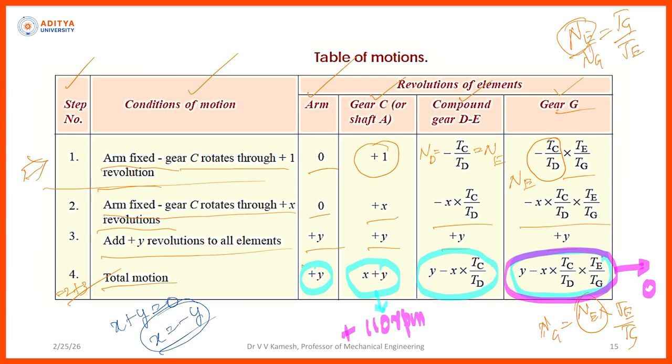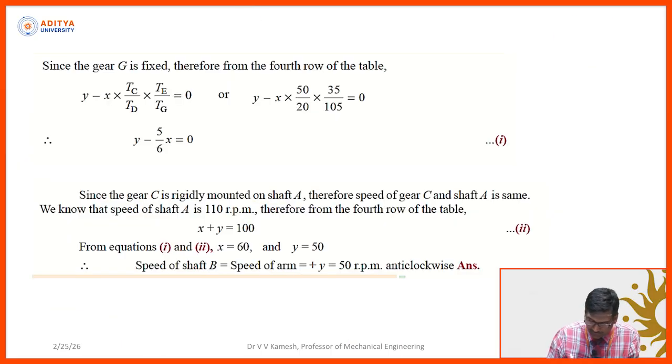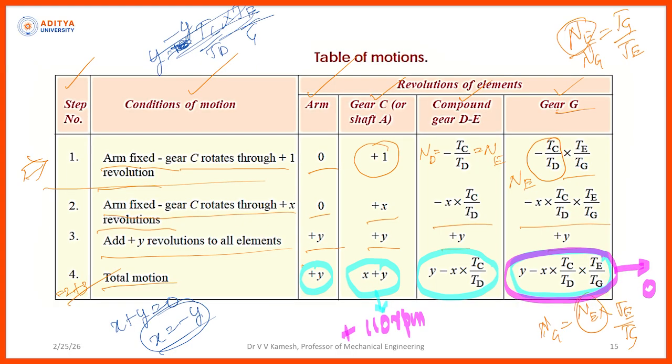Y minus X into TC by TD into TE by TG equal to 0. So Y is equal to X into, not minus, it will become plus TC by TD into TE by TG. So in place of X, I can make minus Y. Then finally I got, yeah, X plus Y is equal to 110 here.